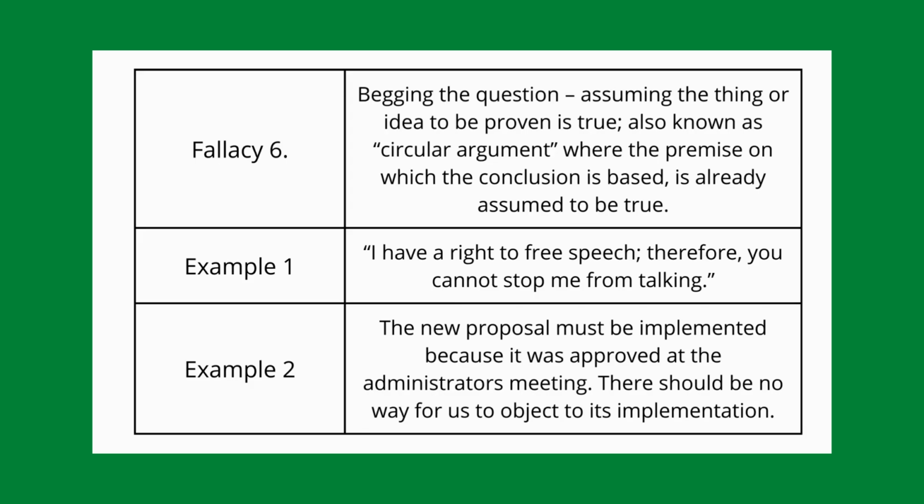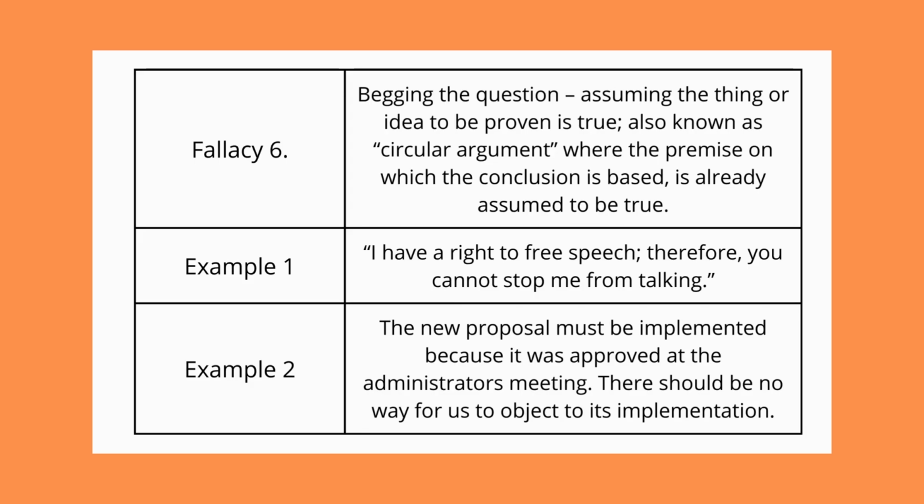Circular argument is easy to notice because the argument seems to circulate throughout. The thought in the conclusion comes from the first premise. That is why the premise on which the conclusion is based is already assumed to be true. Just like in the first example, the premise claims that I have a right to free speech, so the conclusion proceeds to be, you cannot stop me from talking, because of a fact which is already stated in the premise.